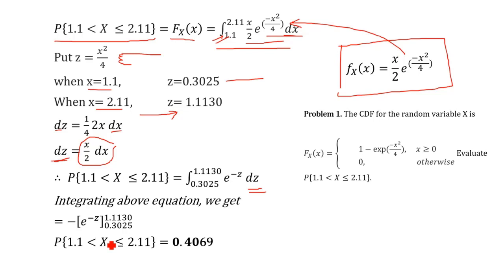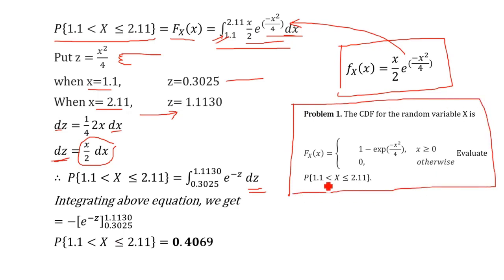Then we get the result 0.4069. Everyone should make use of a calculator and cross verify the results. For this problem we have calculated the probability between the range 1.1 to 2.11, and we are getting the result 0.4069.